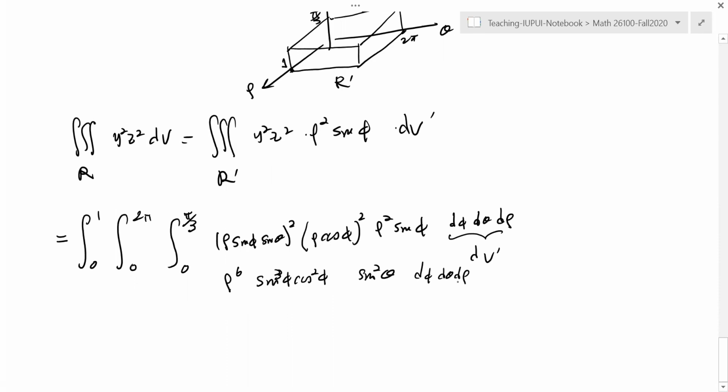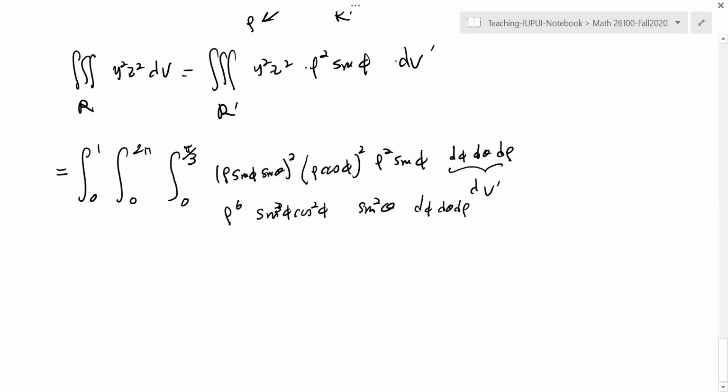Then you have to evaluate the integral. Actually, you can do it one by one and separate, because this is a product of three variables. You know why? Here's sine squared theta and d theta.